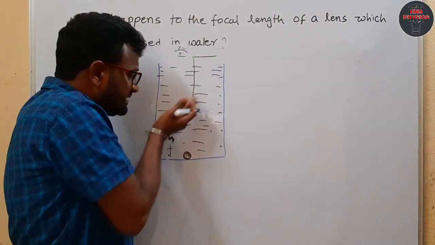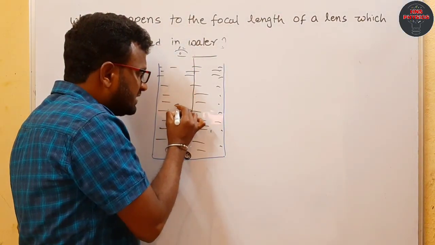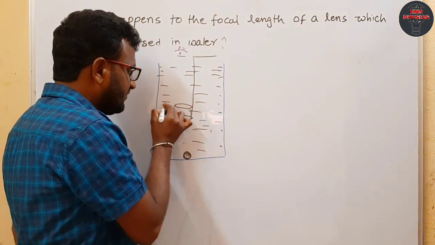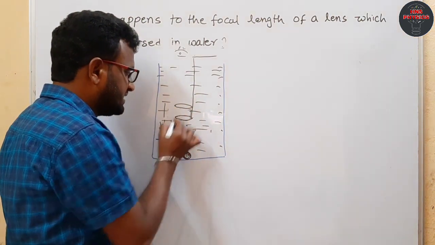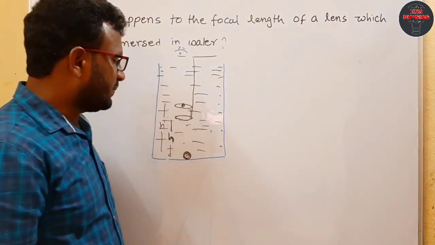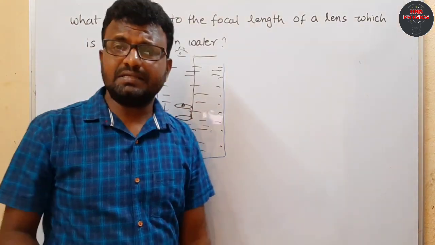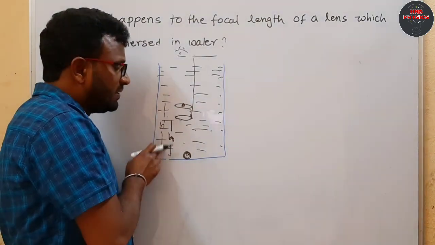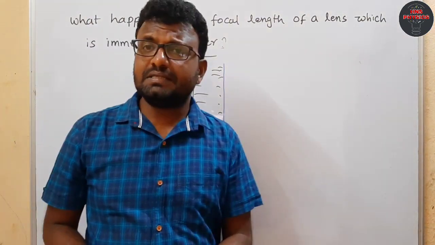Now change the position of the lens, raising it to some height. At this place we can see the virtual image. That means when the focal length increases, the height also increases.